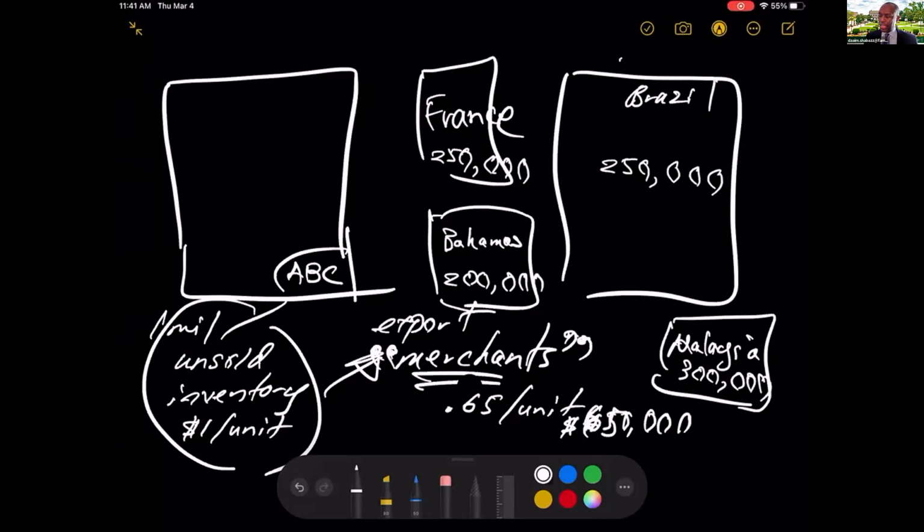So essentially, this export merchant could, in some markets, charge $1.50, they pay 65 cents for the unit. They might charge 150 in Brazil. Maybe over in Malaysia, it might be 75 cents. Maybe in France, it might be $1.25. Maybe in the Bahamas, it might be $1 even.